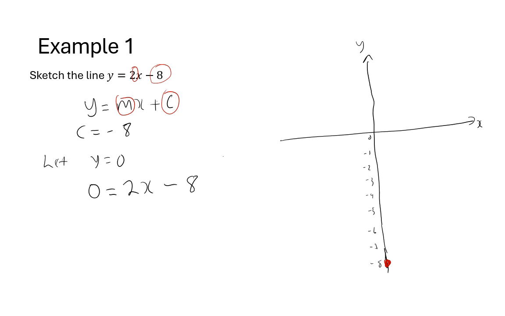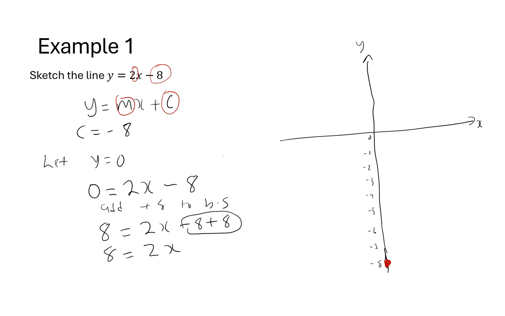Let's remove the 8 from here, so we add 8 to both sides. Here we have 8 plus 0, which is 8, and here we have 2x minus 8 plus 8, which gives 0. So we have 8 equals 2x.